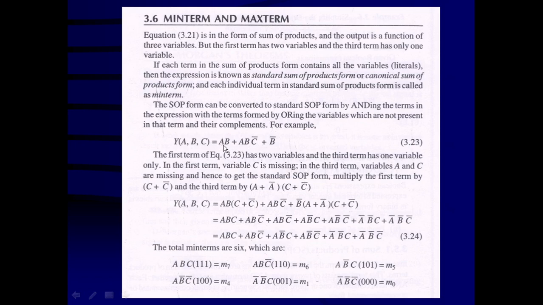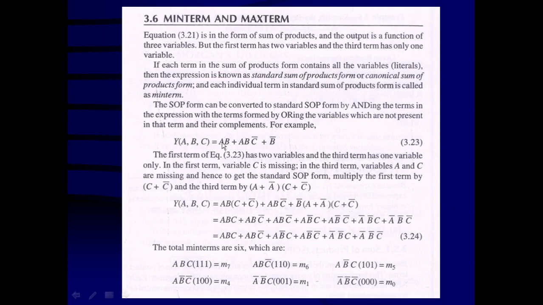This is the sum of product representation. So equation 3.21 is in the form of sum of product, and the output is a function of three variables A, B, C. But the first term has only two variables and the third term has only one variable.